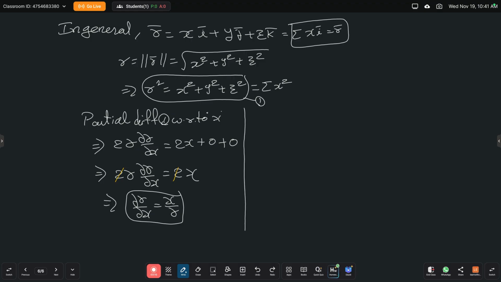In the same manner, partially differentiating equation 1 with respect to y, we get dou r by dou y equals y by r.